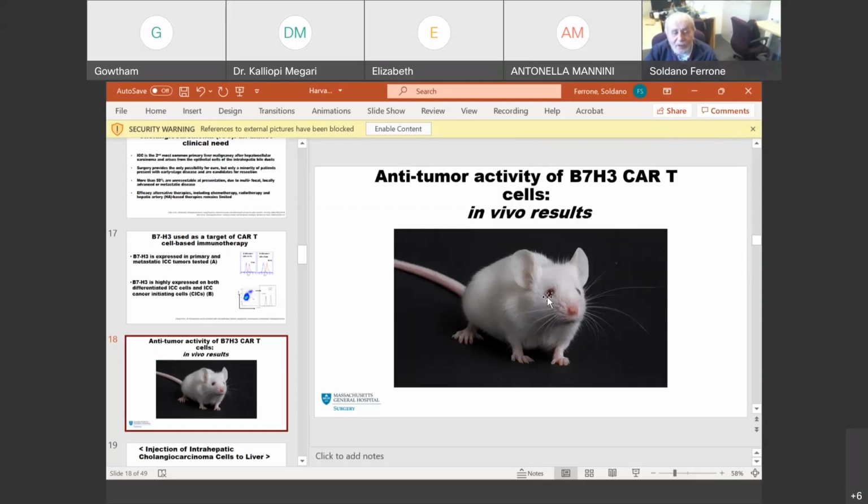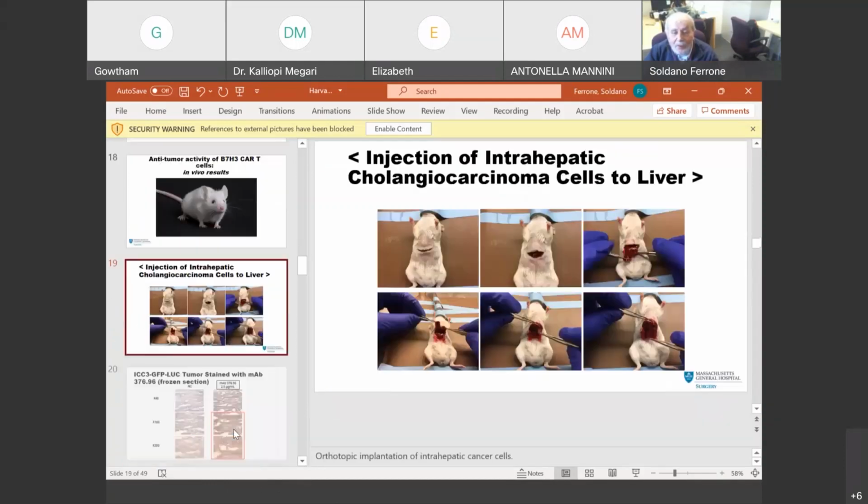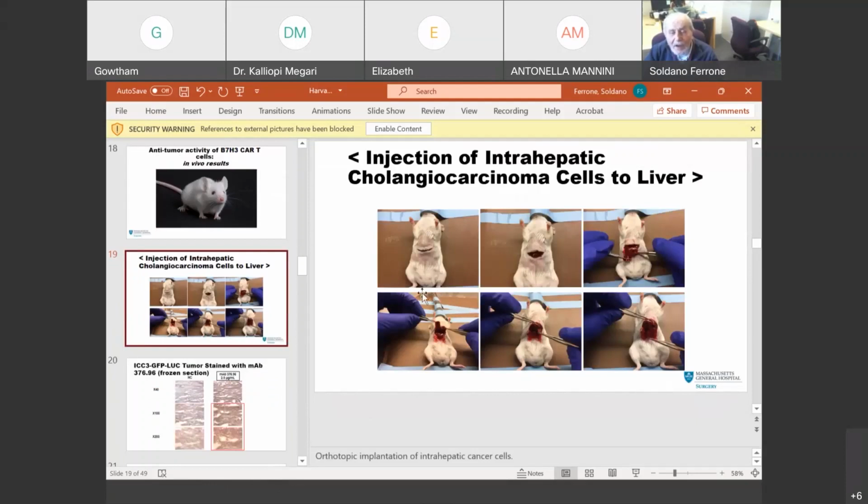Therefore, the mice have to be immunodeficient, because if they are immunocompetent, they will reject the tumor. And taking advantage of our expertise in surgical technique, we developed a model of intrahepatic cholangiocarcinoma, which requires the injection of the ICC cells to the immunodeficient mice.